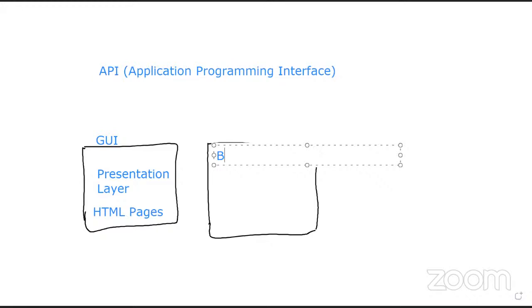So this is the business layer. Whatever your business is, okay, so what is the business of Amazon? Adding these items to the cart and then placing an order. So it is an online platform, an e-commerce platform to sell items and products, right?